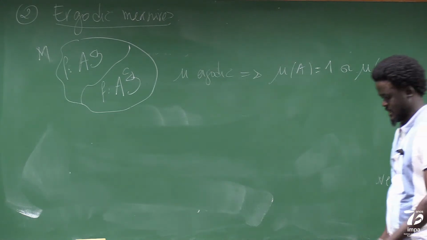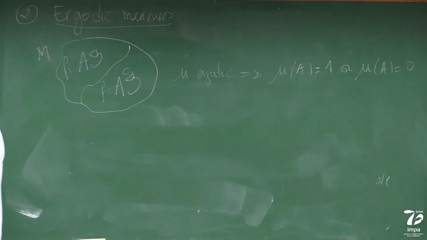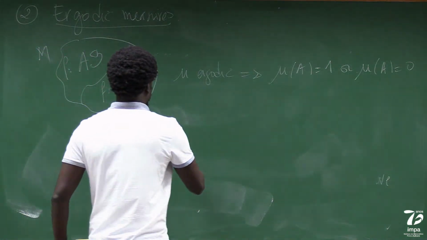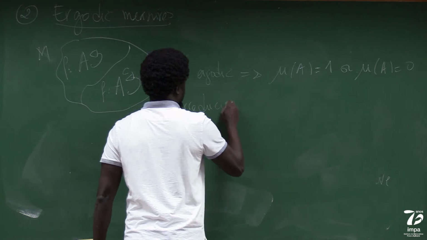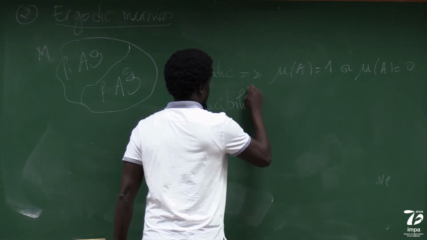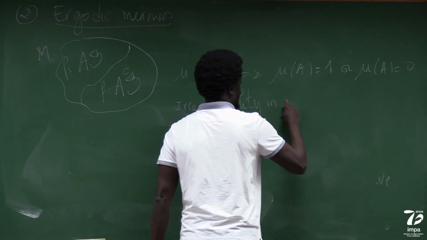Oh, by the way, I forgot, I will be talking about probability measures for this course. The measure of the full space is 1. So this is about irreducibility in a measure theoretic sense.